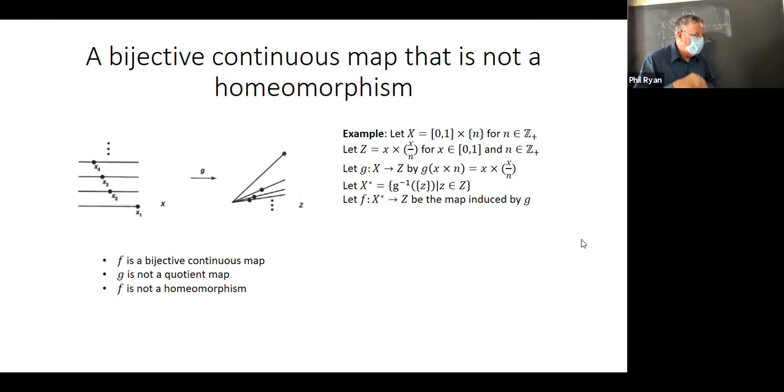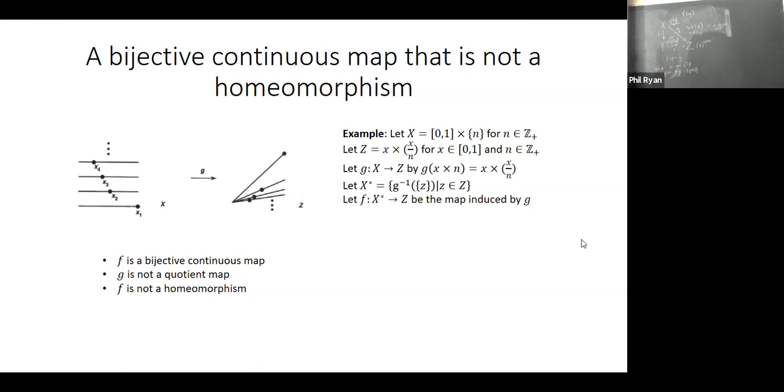So F is bijective, just by construction. The only point where G fails to be one-to-one is the origin, and we just squashed all those points into a single point. So we turned it into a bijection. It's a continuous map.